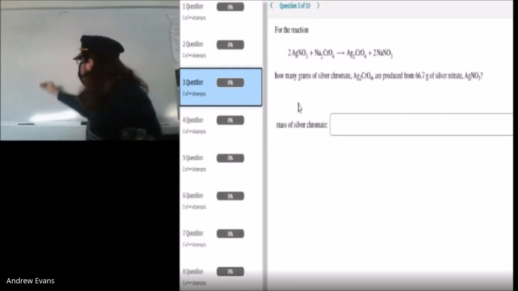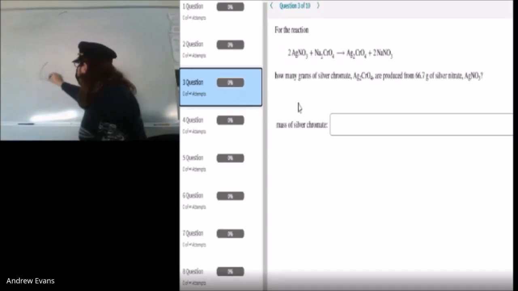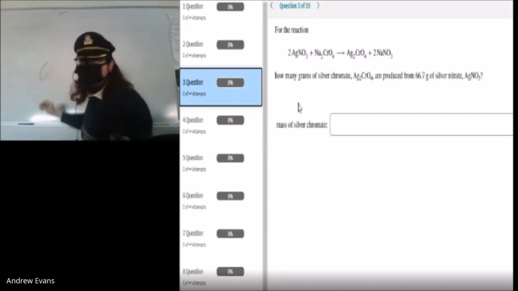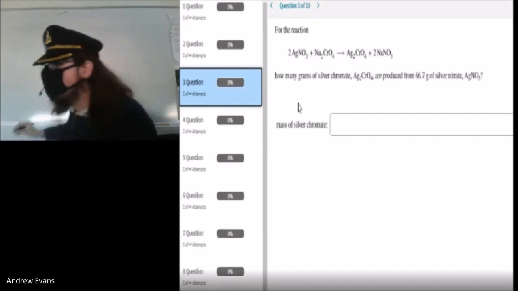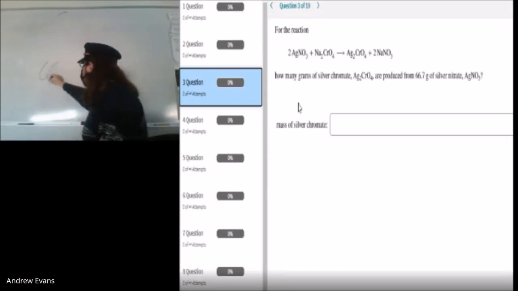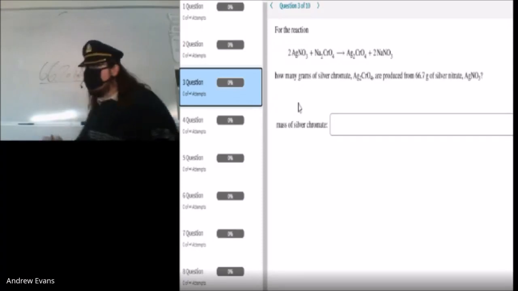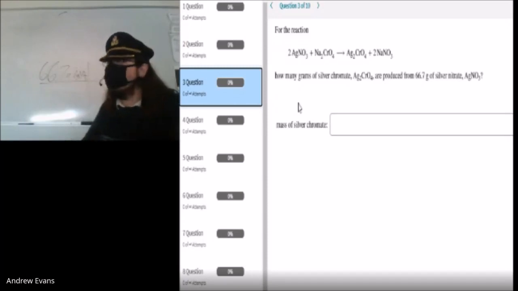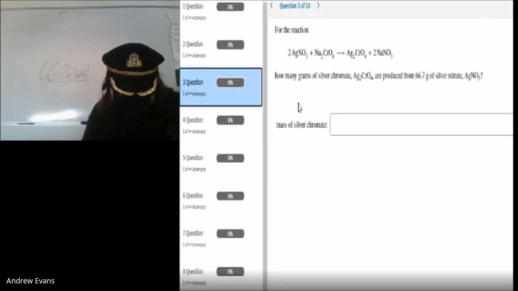So we always start, we're going to say 6.67 grams of our AgNO3. So here is where we have to do a little bit of legwork. This is where we need our periodic table. Or Google, I guess. I don't know.